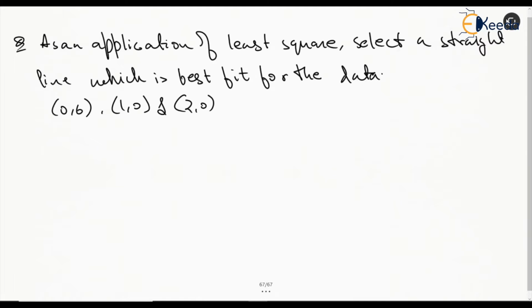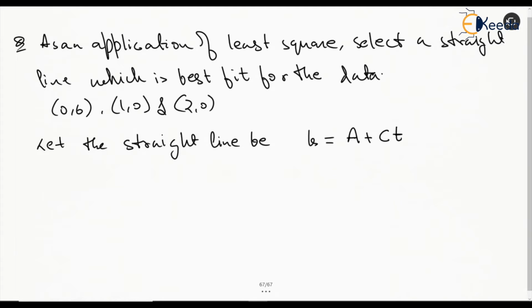So let's say let the straight line B is equal to A plus CT.